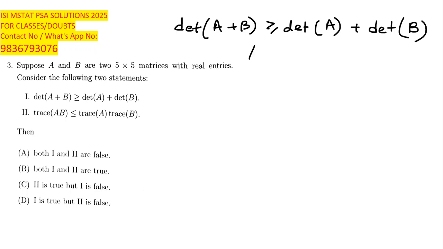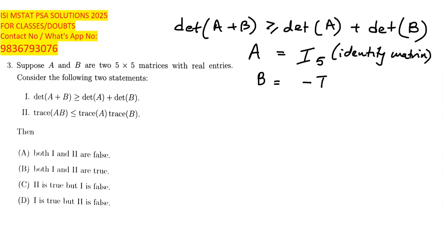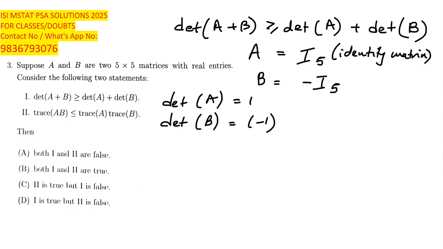Why? Let A be equal to I5, the identity matrix, and B be minus I5. Then the determinant of A is 1, and the determinant of B is minus 1 to the power 5, so that's minus 1. Then the determinant of A plus the determinant of B will be 0.